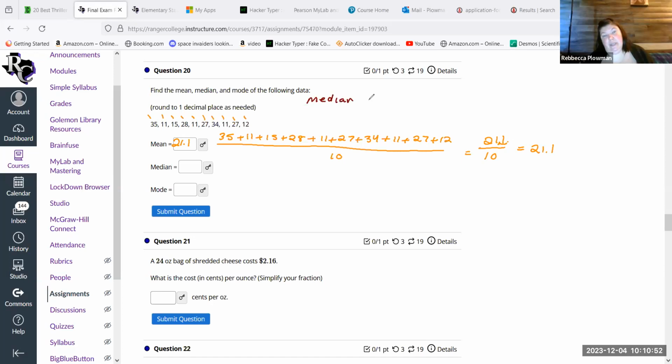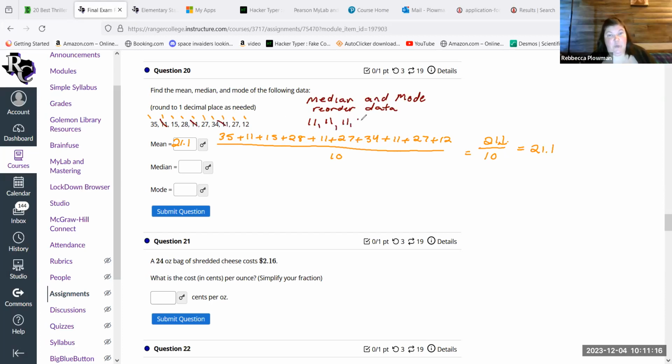When we do median and mode, my suggestion is always reorder data, definitely for median, and it does help with mode. So that means we want to start from smallest to largest. So my smallest number is an 11. I have 11 again. I have 11 a third time.